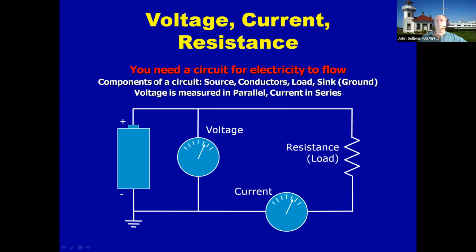So you always measure voltage like that in parallel, and you always measure current in series. Just remember that voltage and current measurements are opposite. One's going to be series, one's going to be parallel. And current's easy to remember because everything has to flow through the meter for you to measure all of it. So your current is always going to be measured in series, voltage in parallel.